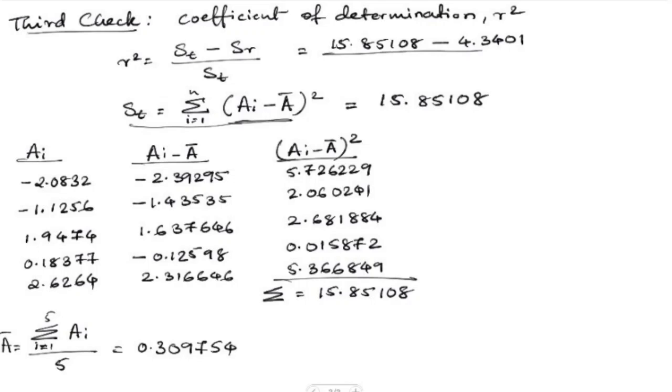We divide this by S sub t again, which is 15.85108, and this gives us the value 0.7262, right? So yes, it's the same as we have seen in the first check.